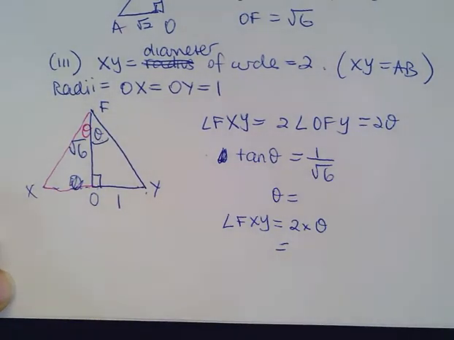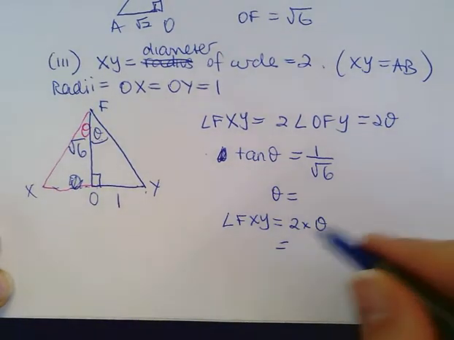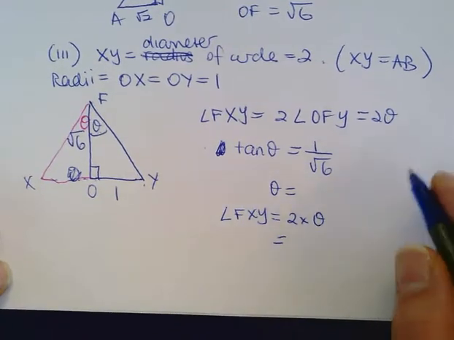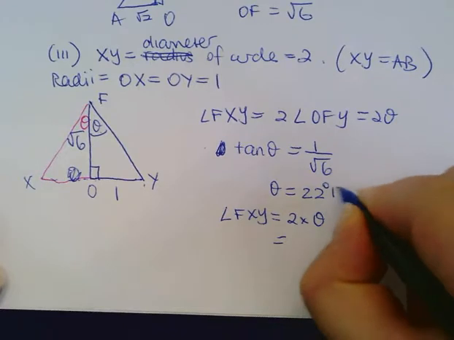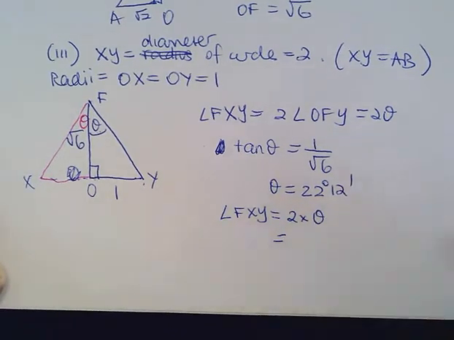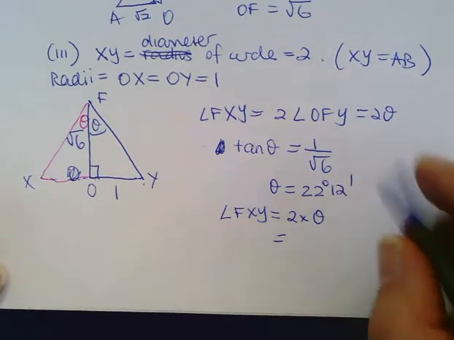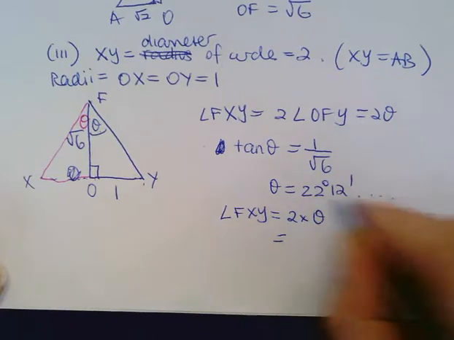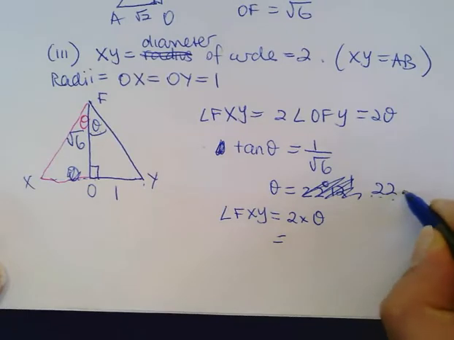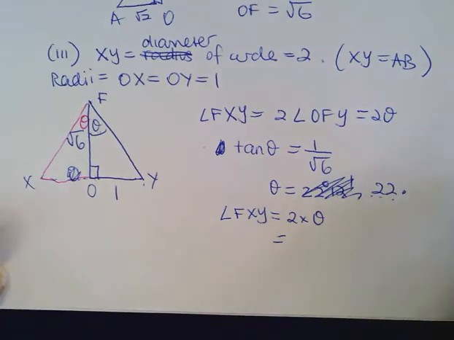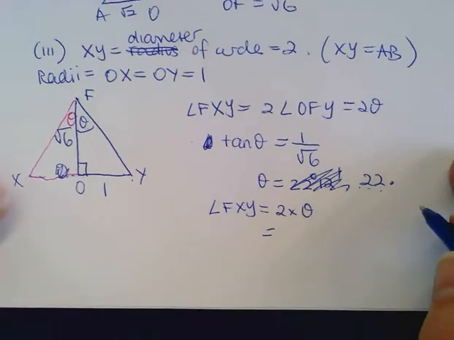Are we okay with that? So what do you get? Shift tan of 1 on root 6, but do not round it. And now times by 2. Actually, you know what I would do here? I'd just go 22 point whatever degrees. Don't put it in degrees, minutes there, and just don't round it.